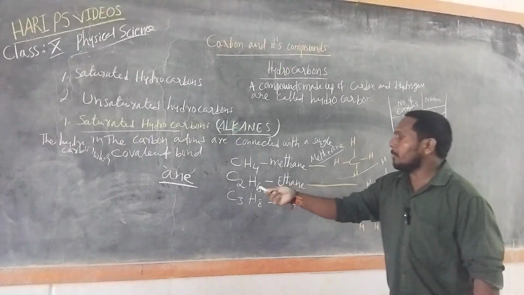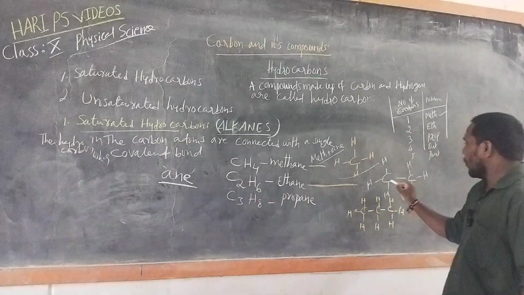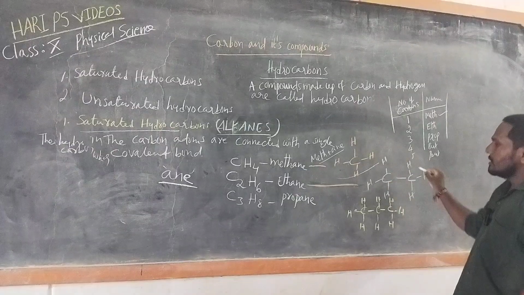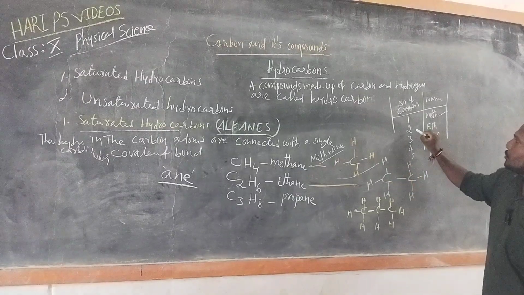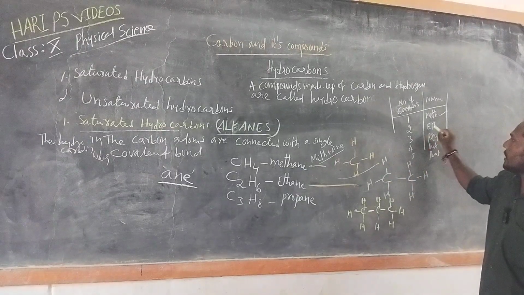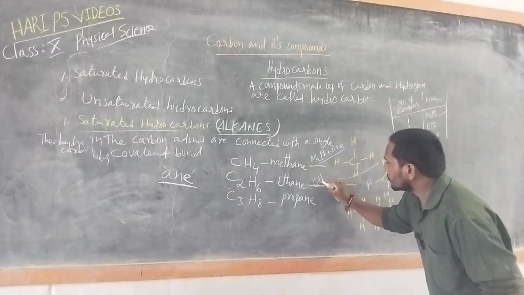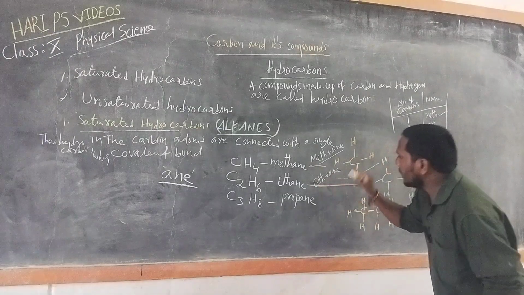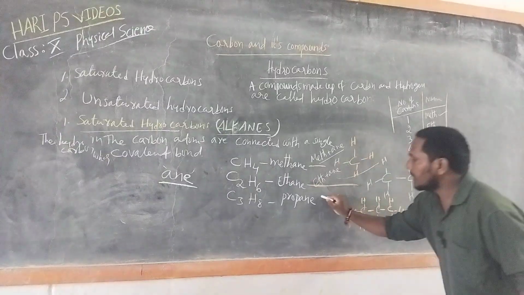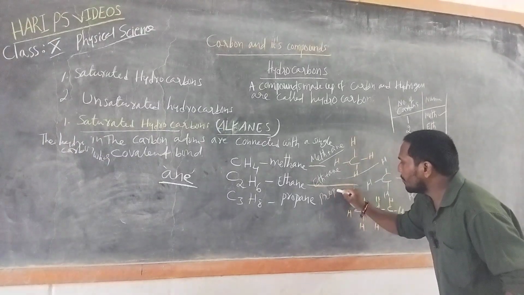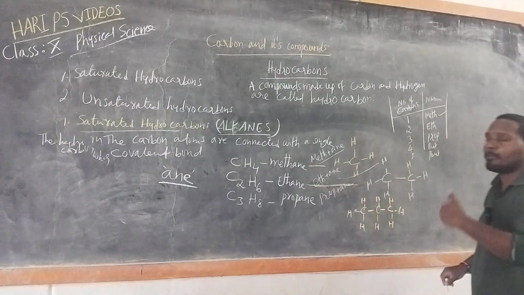Second one, how many carbons are there? 2. All are single bonds. So eth plus ane, ethane. Similarly, pro plus ane, propane.